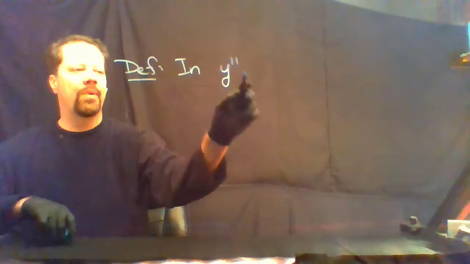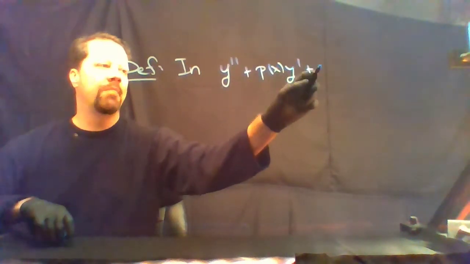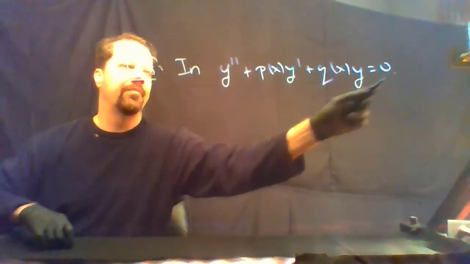Consider the differential equation y double prime plus p of x y prime plus q of x y equals 0.